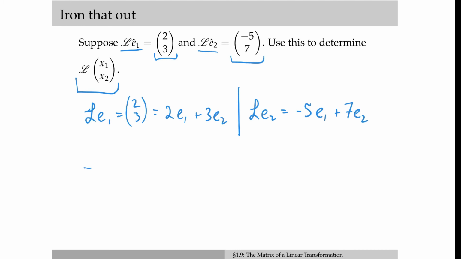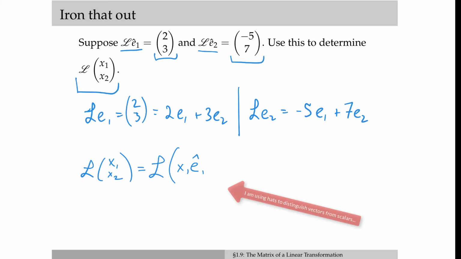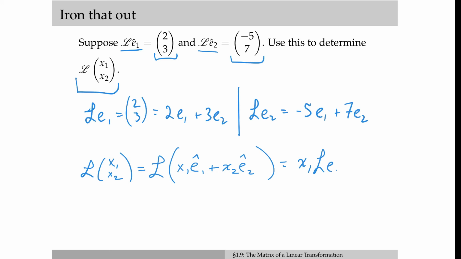So then, if I'm trying to determine L of x1, x2, well, x1, x2 is x1 E1 hat plus x2 E2 hat. By linearity, this is x1 L E1 hat plus x2 L E2 hat.